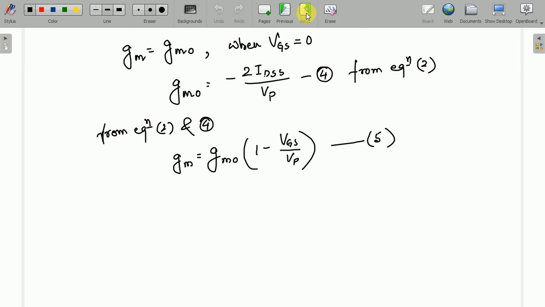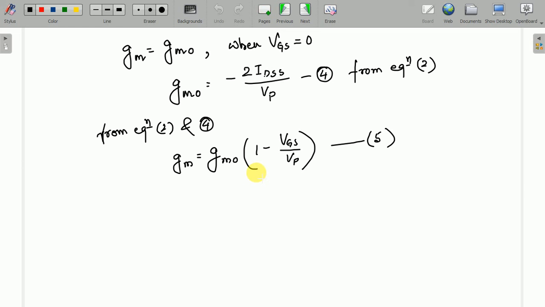So these are the two pieces of information that we obtain from the expression of the FET, IDS equal to IDSS multiplied by (1 minus VGS divided by VP) whole square.